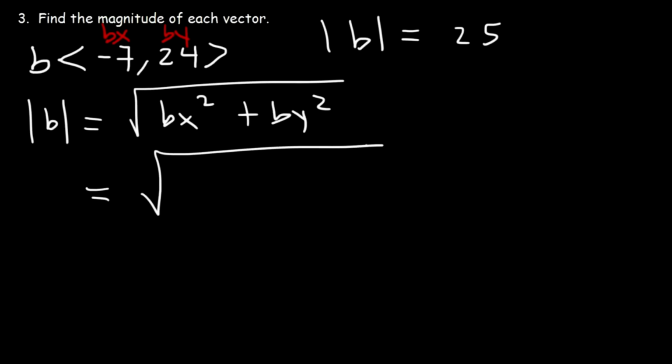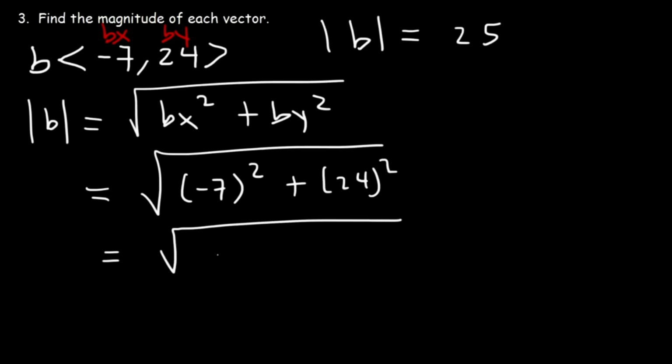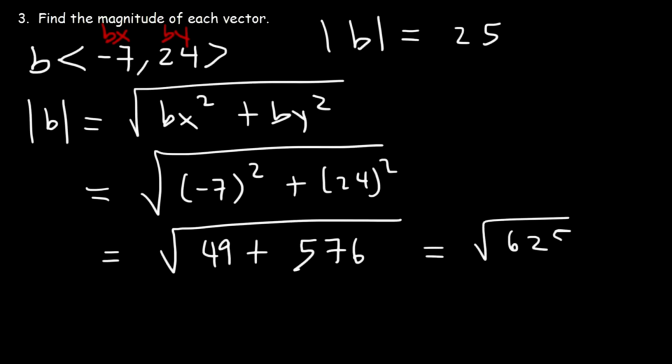So this is going to be the square root of -7 squared plus 24 squared. -7 times -7 is positive 49. 24 squared, that's 576. And if we add 49 plus 576, that's equal to 625. And the square root of 625 is 25. So that's the answer.